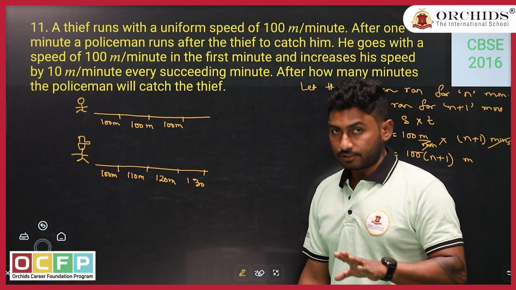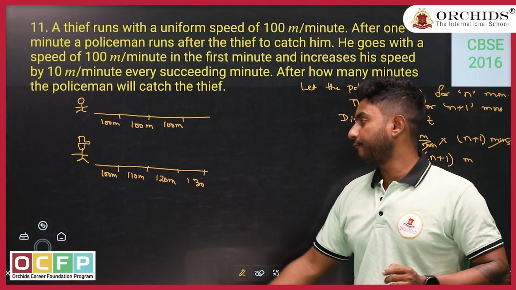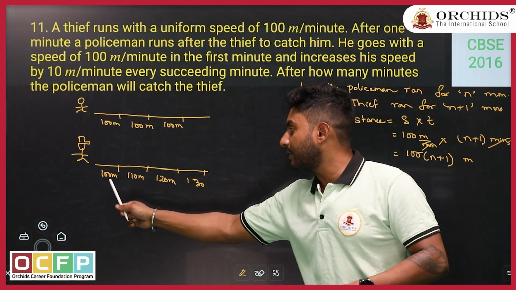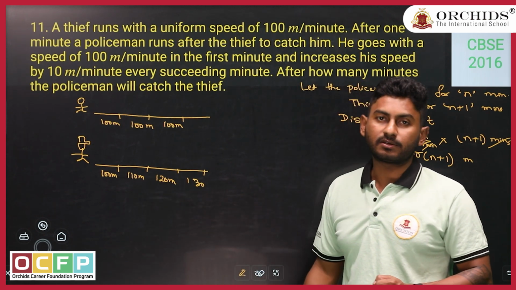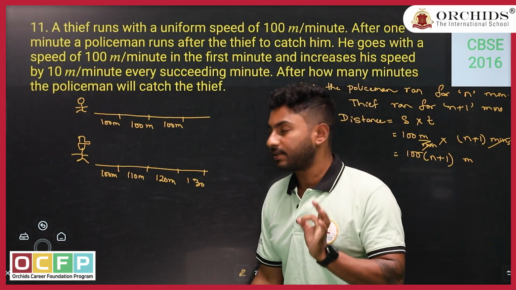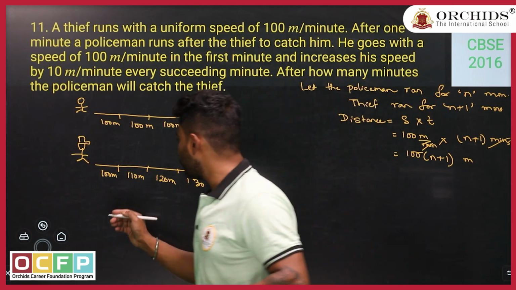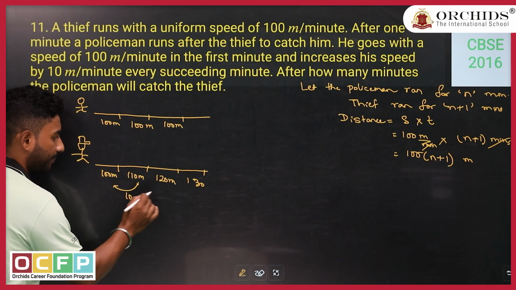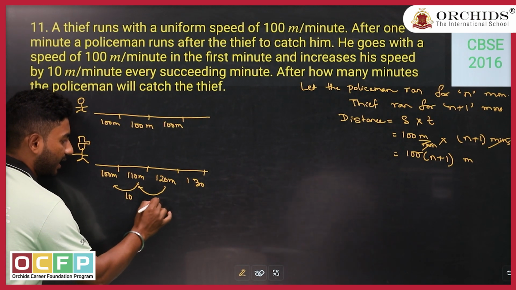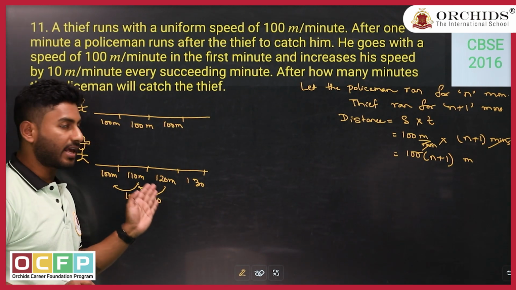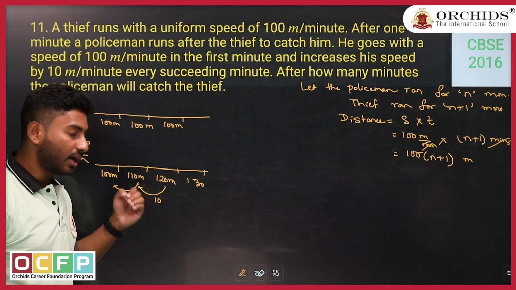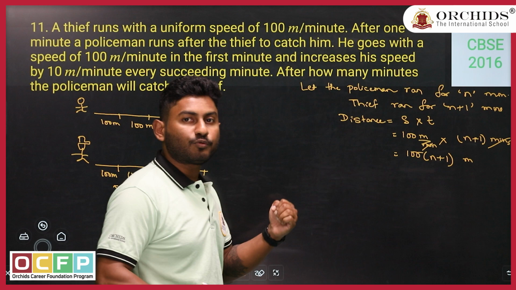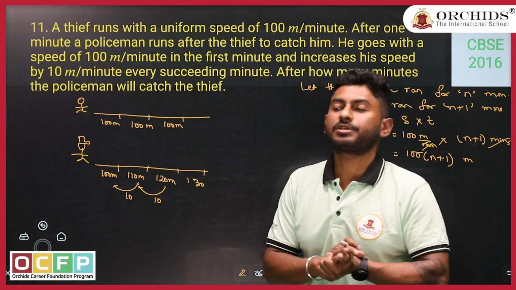Now as of now we know arithmetic progression. If you see, the distances are in arithmetic progression. What is the difference between these? 110 and 100, 10. 120 and 110, 10 again. So basically it's an arithmetic progression. Now if it is an arithmetic progression, do I know how to find the sum of an arithmetic progression?